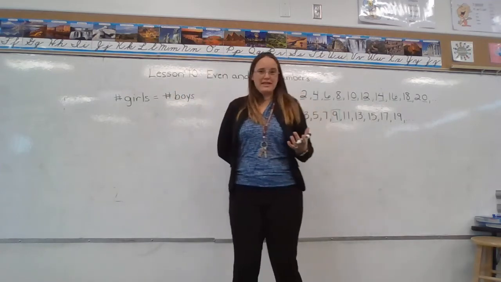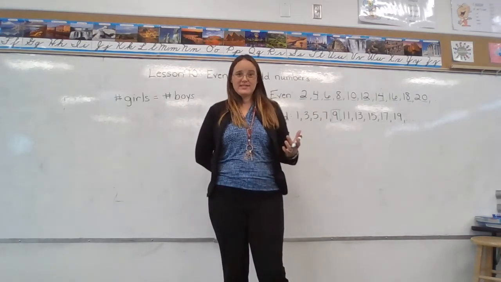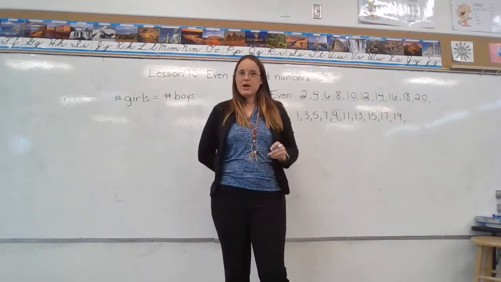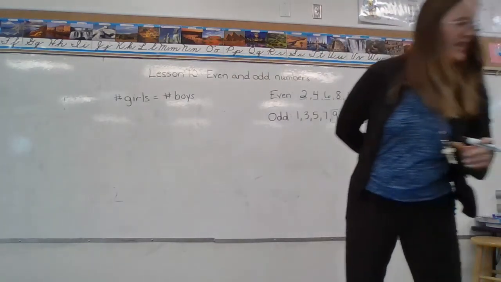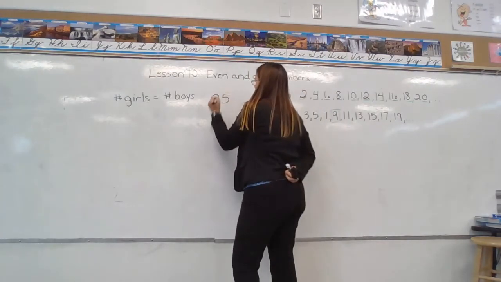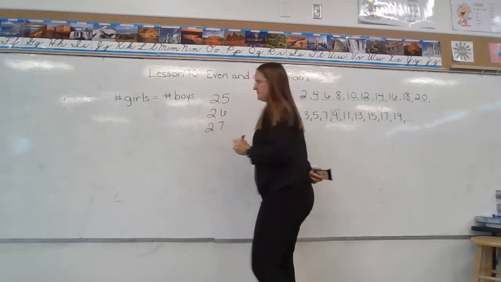Do we know how many girls there are? No. We don't know how many boys there are. But we can still figure out the answer to this problem because it gives us some choices. It tells us that the answer is either going to be 25, 26, or 27.